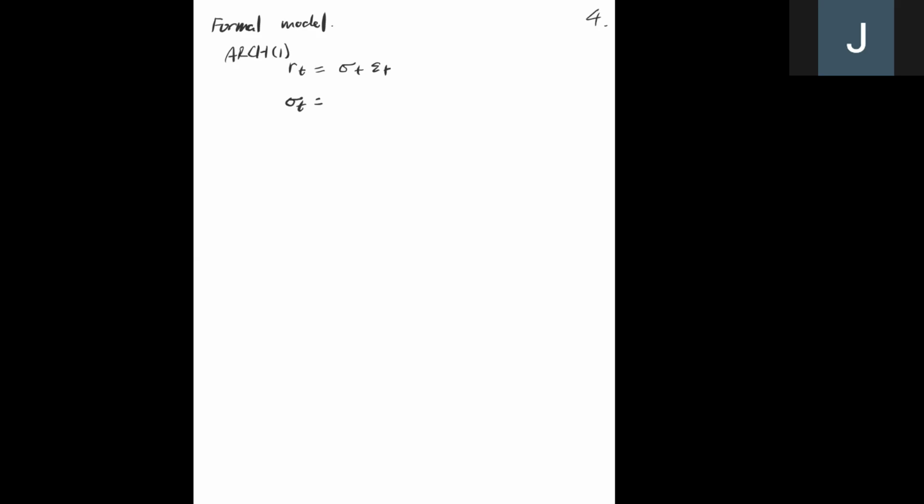The dynamics that people introduce here is sigma_t squared equals alpha_0 plus alpha_1 R_{t-1} squared, where alpha_1 and alpha_0 are both larger than 0, and the epsilon_t just follows a standard normal distribution.